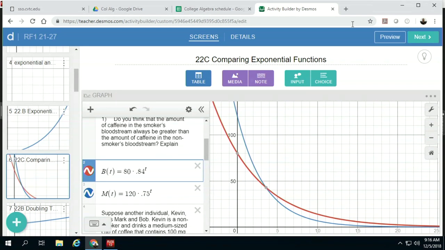Then it says, sketch the graph of these functions on the same viewing window. So we've got a blue line. I don't have my blue marker anymore, I'll have to just use red, and I'll use green instead of blue.